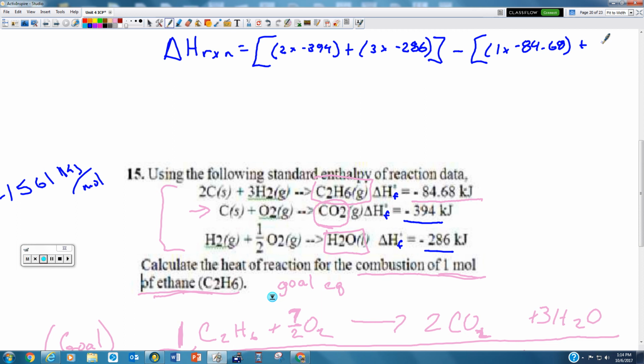O2 gas is going to be 0 no matter how much of it we have. So 7/2 times 0 is 0. So go ahead, plug that in, and see what answer you get. You'll know right away.